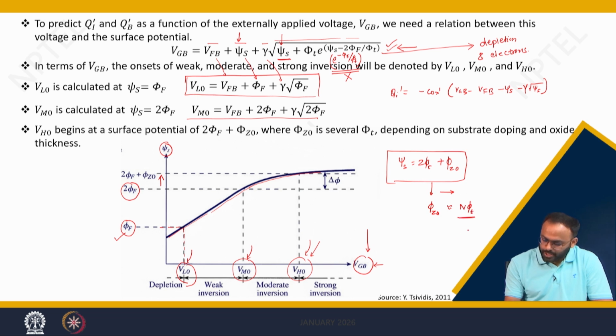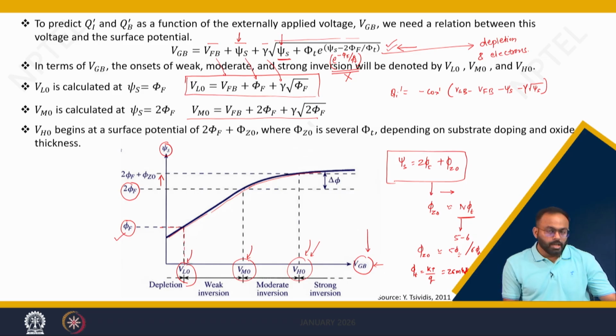For uniform substrates, this n lies between 5 to 6. So phi z0 can be written as 5 times phi t or 6 times phi t, where phi t is nothing but kT over q, which is 26 millivolts, because you are representing in volts.